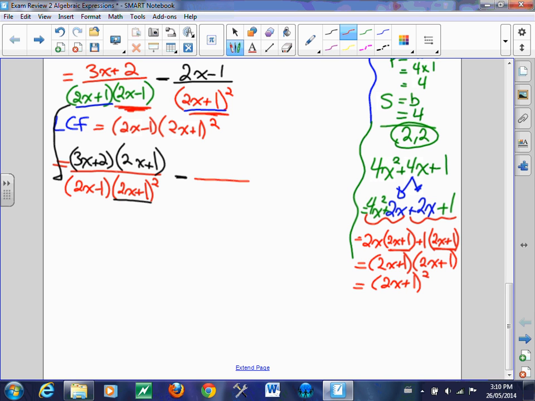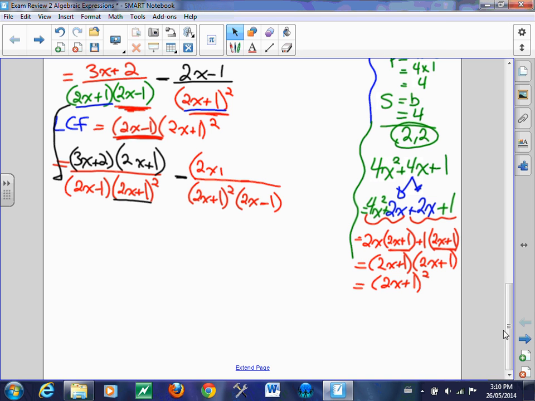Second fraction, what do I already have existing? I already have 2x plus 1 squared existing, and what factor do I have to add to make it the lowest common factor? I need to add my 2x minus 1. I already have on the numerator 2x minus, oh, sorry, my fault. Back that up. I'm just going to change the color too.